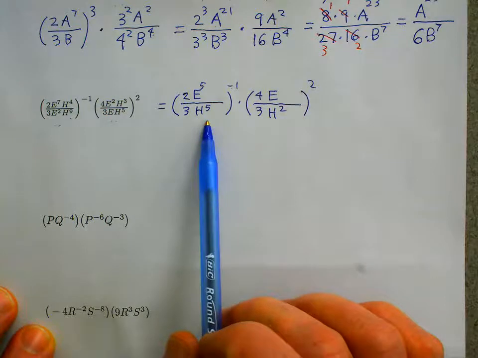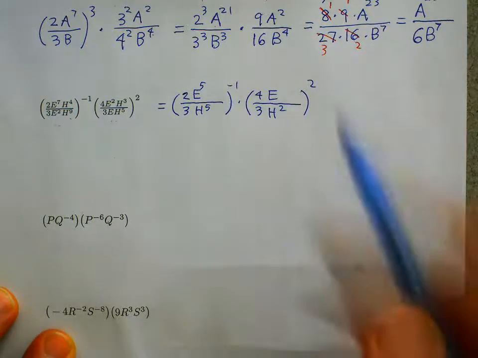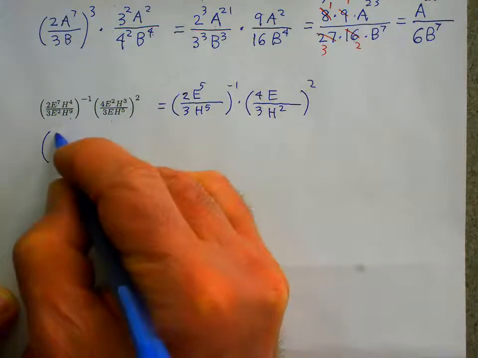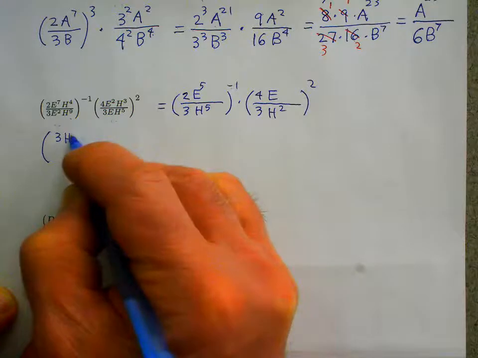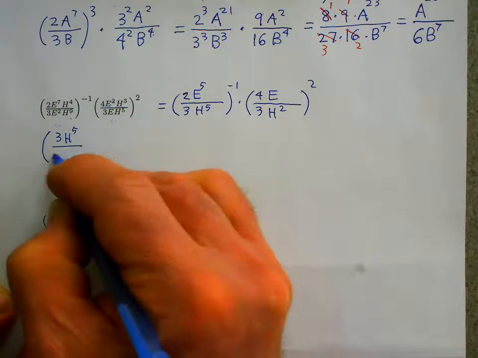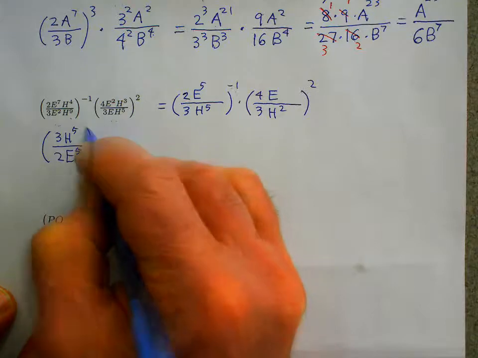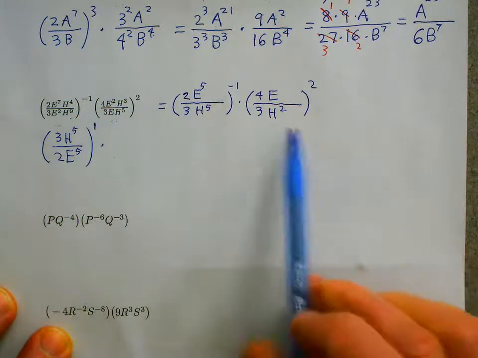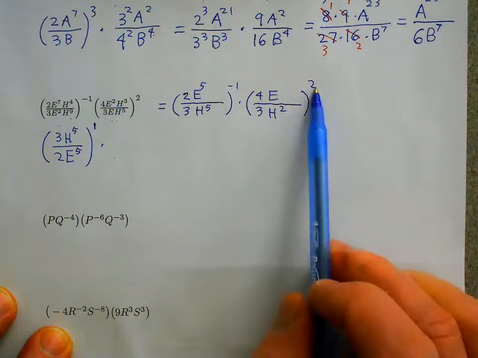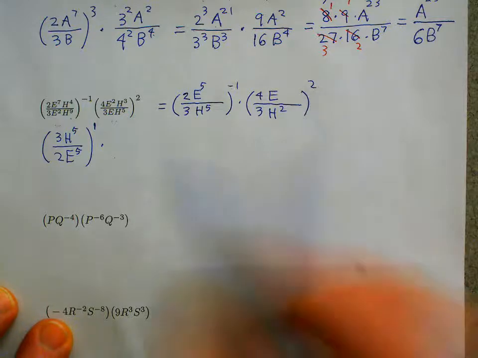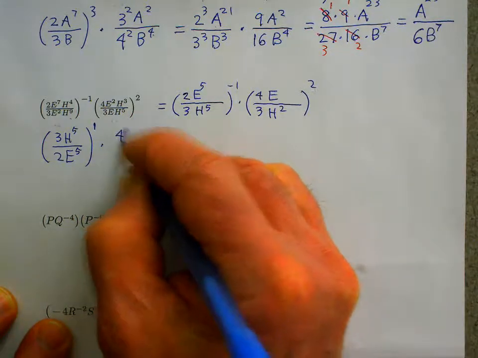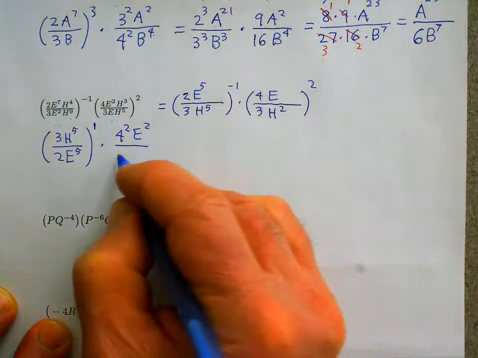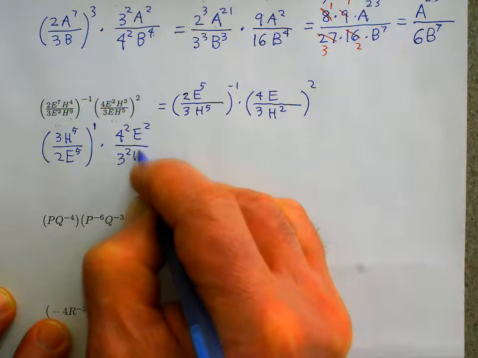Okay, this expression on the left has an exponent of -1, so we'll write the reciprocal, which is 3h to the 5th over 2e to the 5th, and the outer exponent is 1. And for this expression on the right, we can apply the outer exponent 2. So we'll get 4 to the 2nd times e to the 2nd in the numerator, and in the denominator, 3 to the 2nd times h to the 4th.